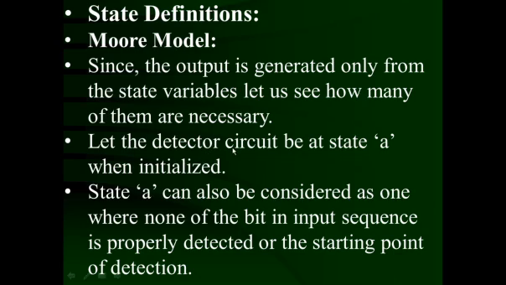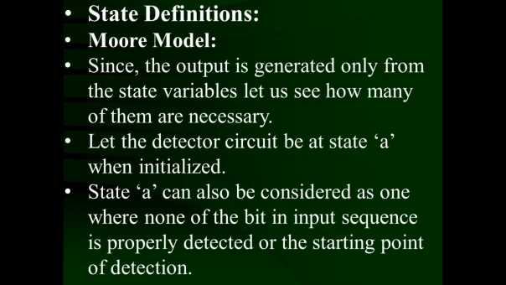Let the detector circuit be at state A. The first state, we initialize the circuit with state A, where none of the bits of our binary sequence is detected. Or you can say that the circuit is initialized.